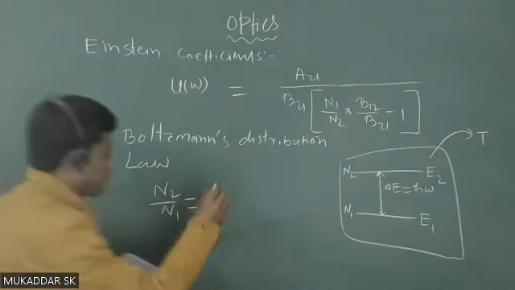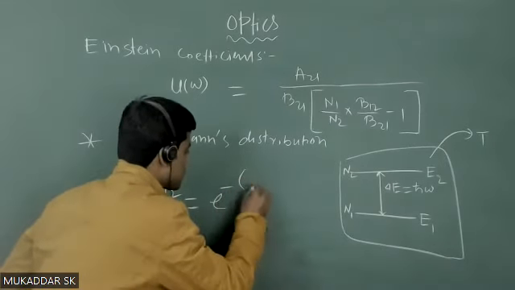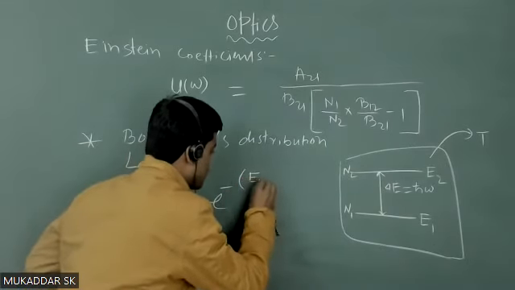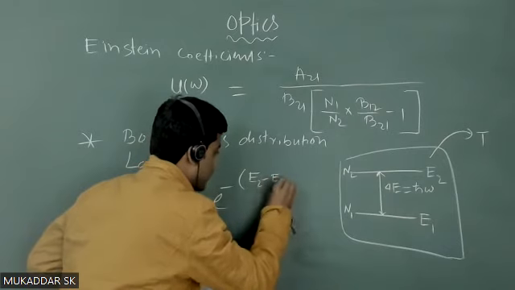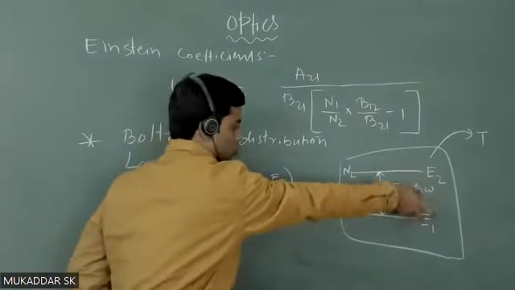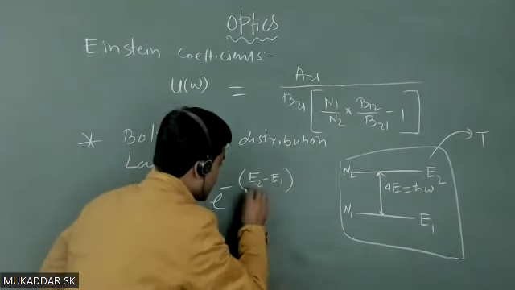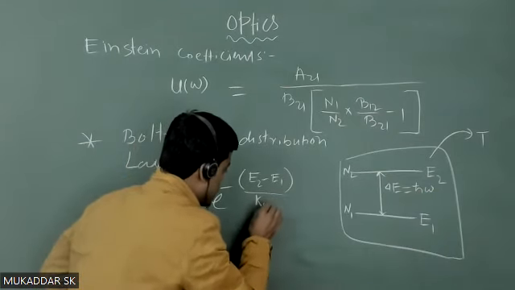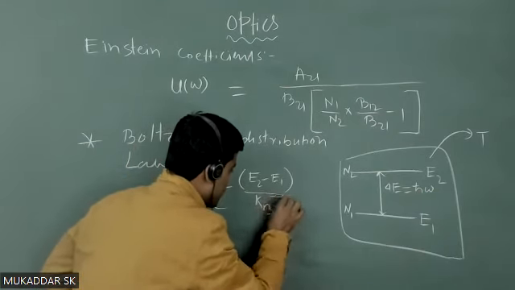That will be exponential of minus the energy separation between two levels divided by Boltzmann constant kB and the temperature of the system.